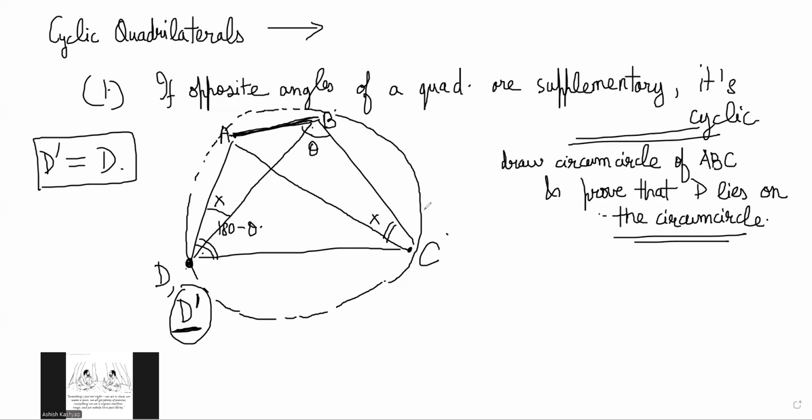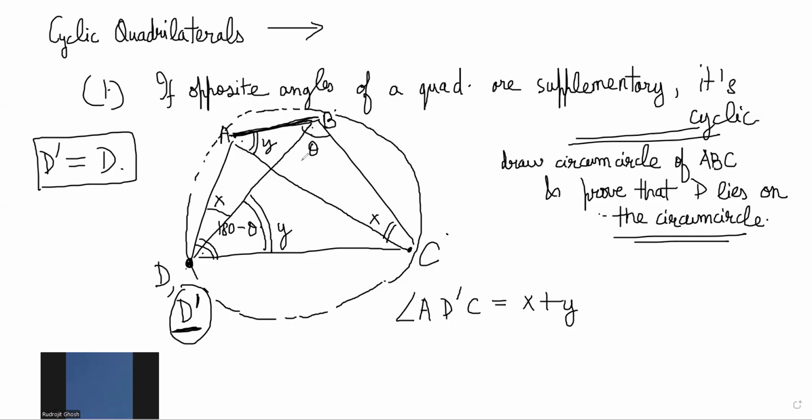Similarly, this angle is Y, then that should be equal to this Y. Yes, sir. Great. So now I'm getting that angle AD'C is equal to X plus Y. Yes, sir. But in triangle ABC, what is X plus Y? 180 minus theta.